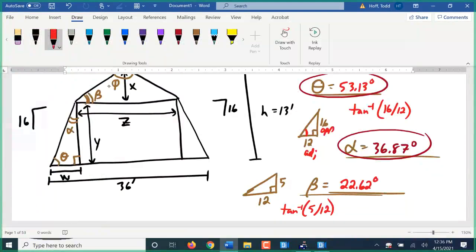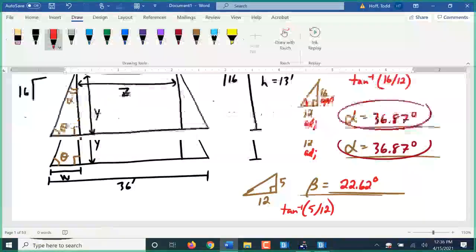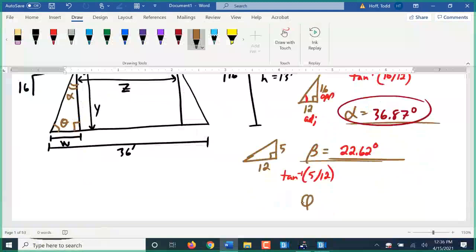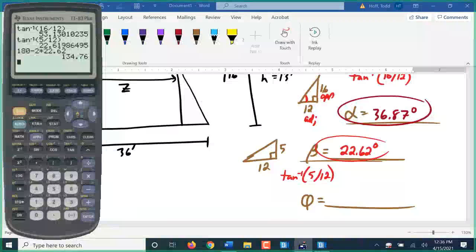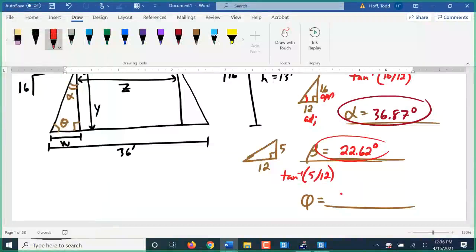And to find phi up there, we know those three angles come together to make those triangles, with two of the angles being beta and the angle phi. So I'm just going to do 180 minus 2 times 22.62, giving us 134.76. So we have found all of those missing angles.